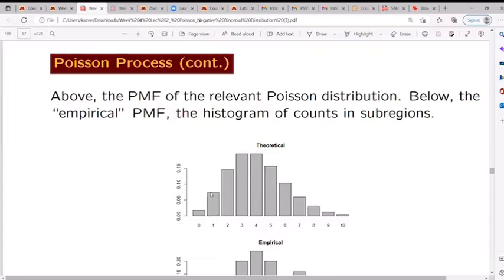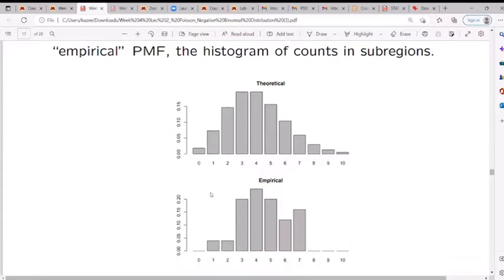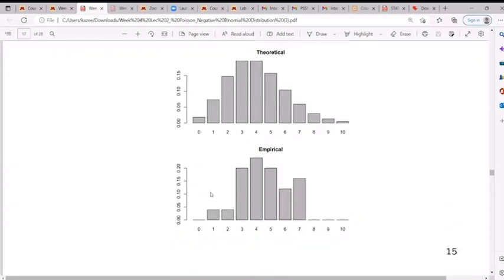And if you have counts in subregions, like the ones I showed you the other time, and you try to get a histogram of that, it's going to look like what you are seeing now. Now, the Poisson distribution is skewed to the right, as you can see right here.